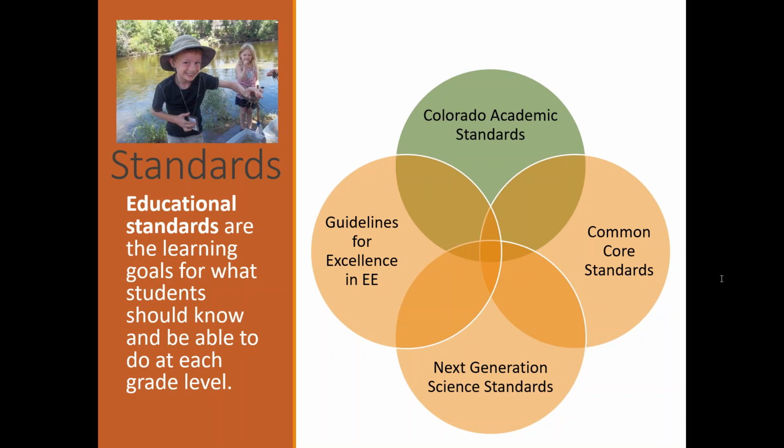Then there are the Guidelines for Excellence in Environmental Education, and many of you may or may not be familiar with these, but these are our standards within the field of environmental education, which includes water education, and are a helpful tool for looking at our standards to see what's in there and what's not, and what we want to make sure that we're covering in our programming so that we're meeting the goals that we are setting out to make. So we'll talk a little bit more about those today.